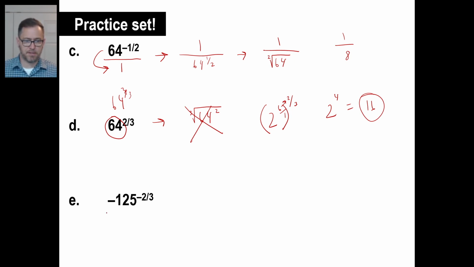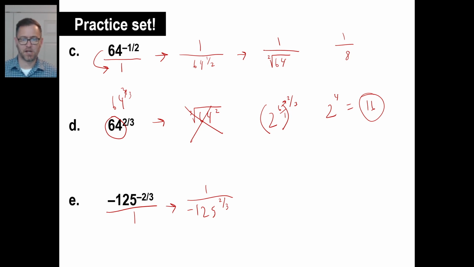All right, first thing I do is cancel some of the yuckiness by clumping it down there and going negative 125 to the positive 2/3 power, okay? Again, negative 125 to the 2/3 power.